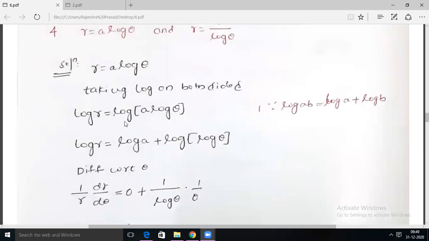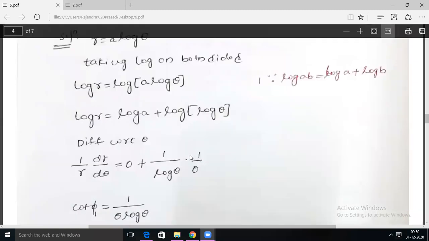So log r is equal to log a into log theta. Taking log on both sides, we apply the logarithmic property, log of A into B: A is A itself, in place of B we have log theta. So log a plus log of log theta. Now differentiate with respect to theta.